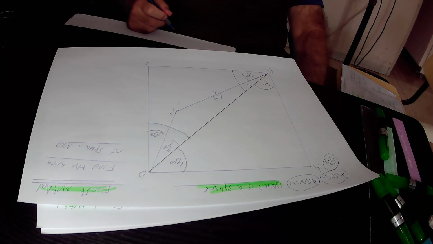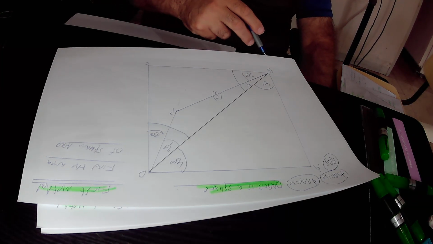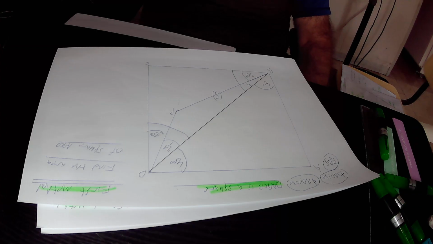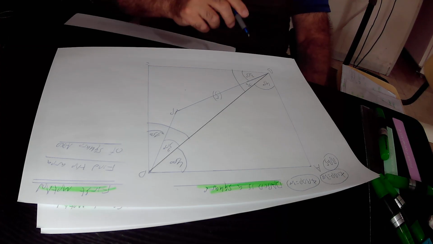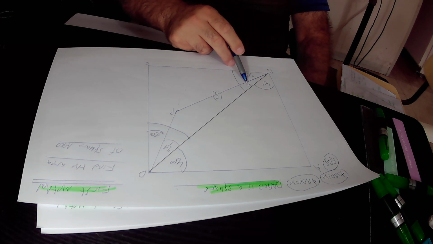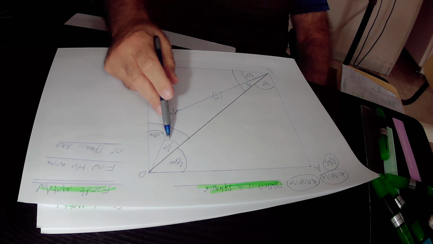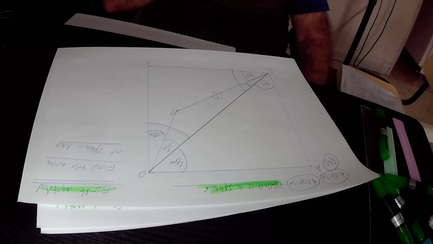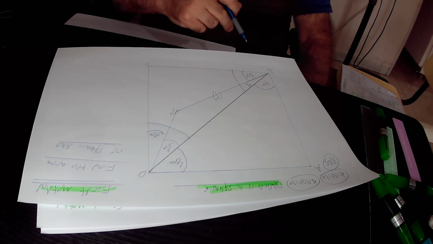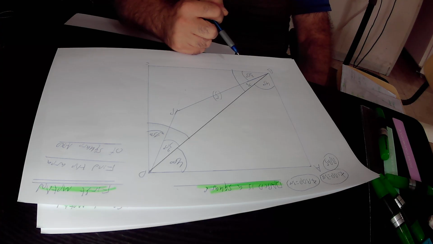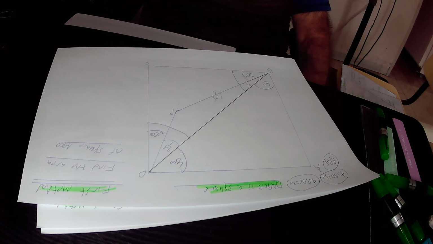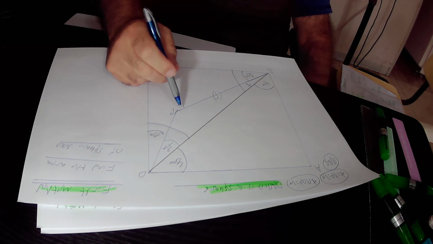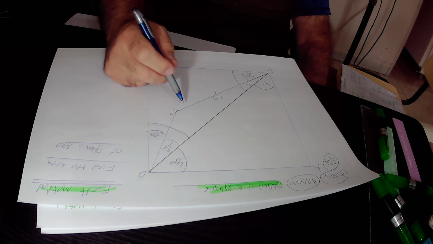So in triangle BDP, we have 15 degrees plus 30 degrees, which is 45, and therefore this angle must be equal to 135 degrees in size.